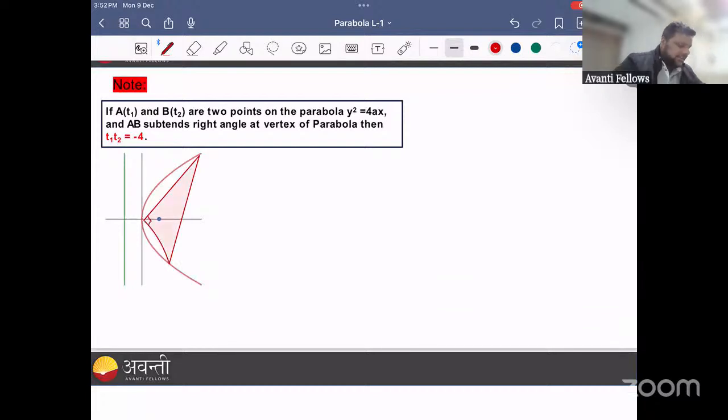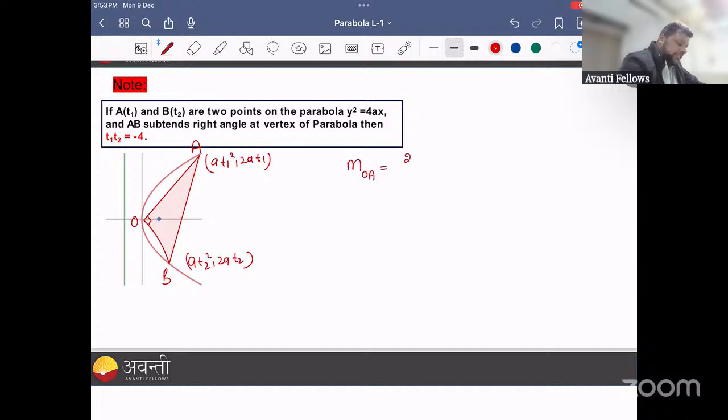Let us assume this is the point A (a t1 square, 2a t1), this is B, this is O. This is the point (a t2 square, 2a t2). Now you cannot take it as a by t2 square, minus 2a by t2, because AB is not a focal chord. Got it?